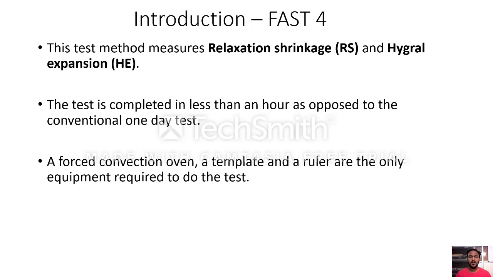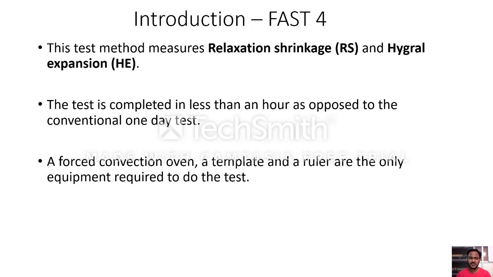The test method is completed in less than an hour as opposed to the conventional one-day test. Though this system measures the relaxation shrinkage and hygral expansion by involving some washing technique, it may not take the whole day. It may take less than an hour. Though the speed of this test method is less when compared to the rapid testing of the previous instruments like FAST 1, 2 or 3, the testing can still be done in less than an hour.